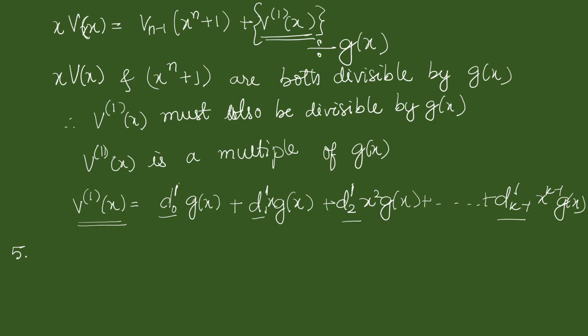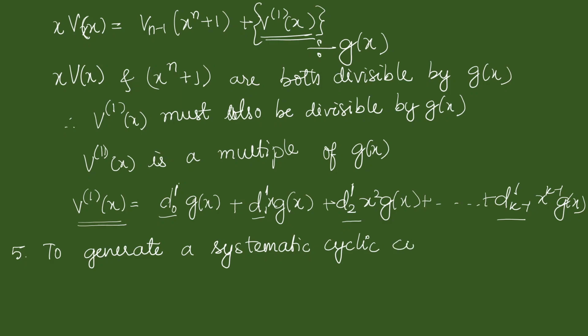Coming to property number 5, to generate a systematic cyclic code, we need to put the parity bits in one order, followed by the data bits. In order to do that, we have to find a remainder polynomial. How do we find the remainder?